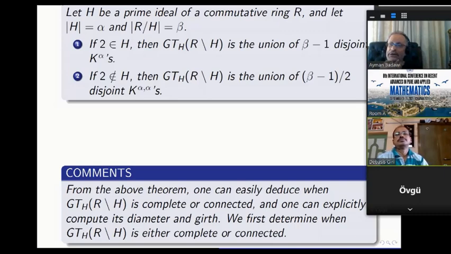K alpha means a complete graph, meaning every two vertices are connected by an edge.